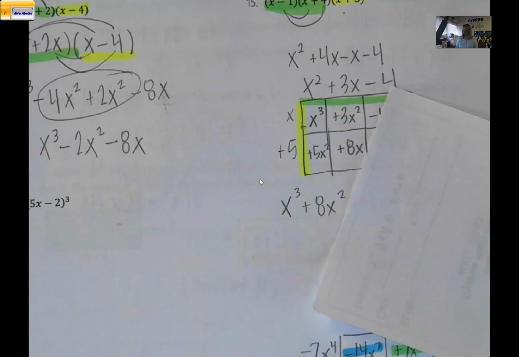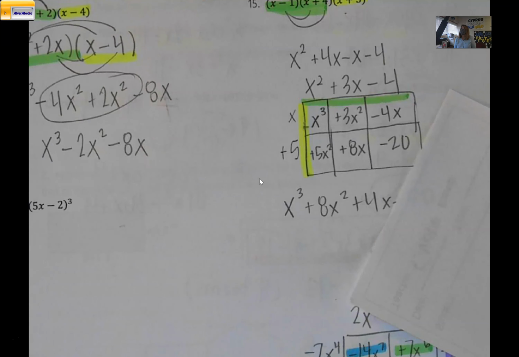Yep, I got plus 8x squared. Third term goes to Hugo. What did you get? I got plus 4x. Anybody else get that?